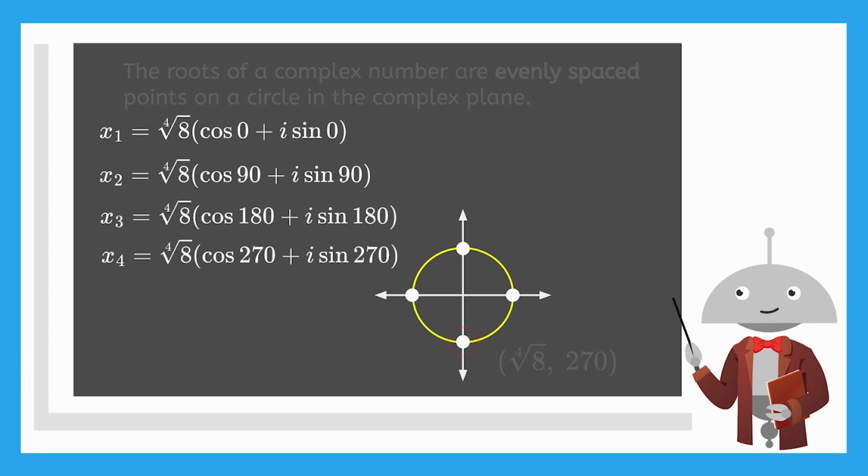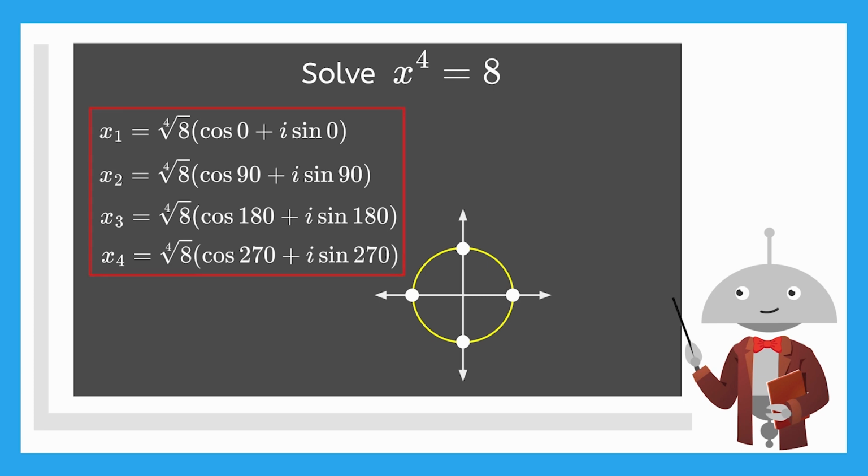Remember that we started this example attempting to solve the equation x to the fourth power equals 8. Our goal was to find all 4 of its complex roots, and what we've shown are the 4 complex roots that satisfy this equation. That is, each of these numbers raised to the fourth power equals 8. Pretty neat, huh?